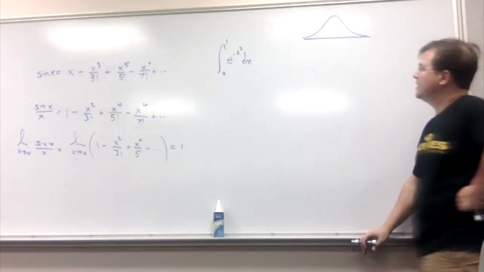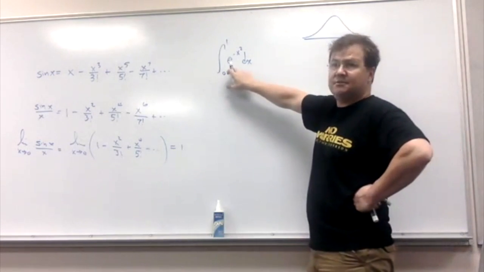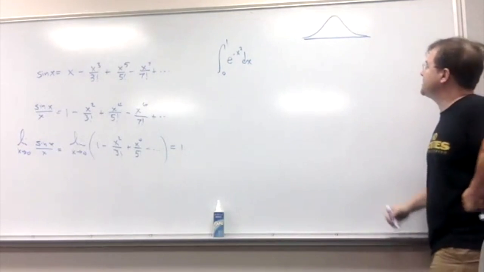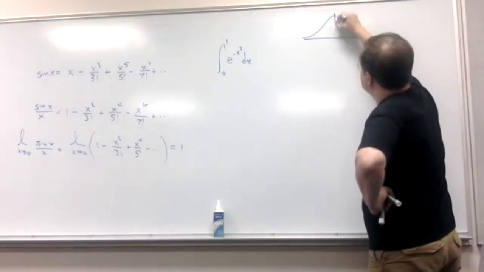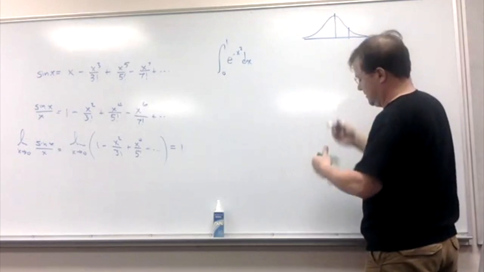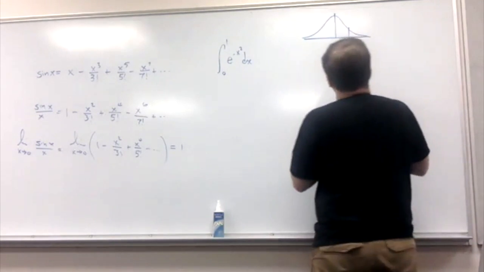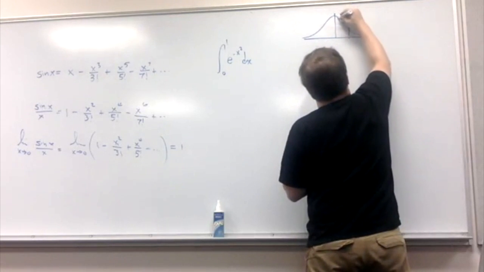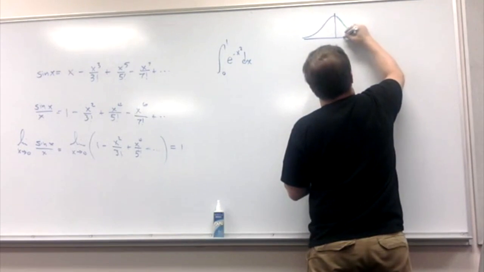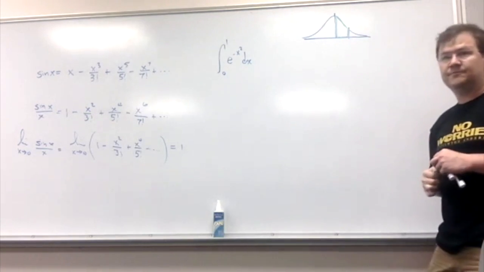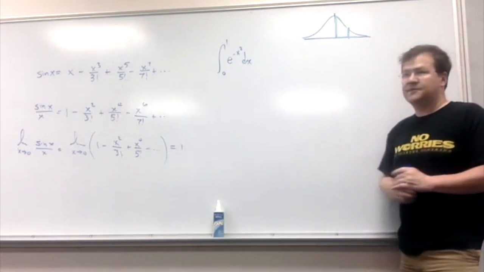And this is the graph of this function. So in statistics, you might be interested in finding the area under the curve in this region. I'd like to find the area of that region.